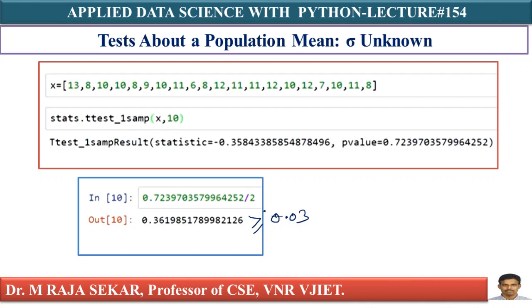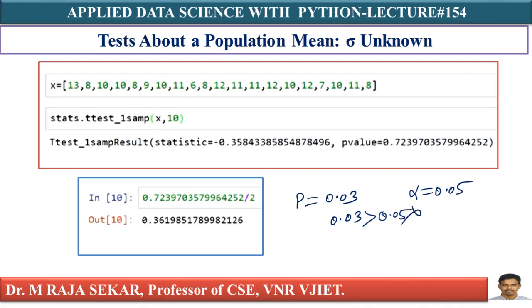But let me assume instead that my p value is 0.03, with alpha equal to 0.05. Is 0.03 greater than 0.05? No, false.